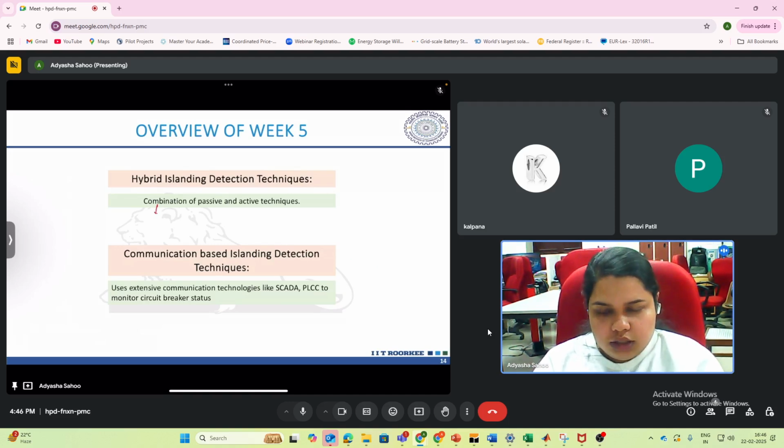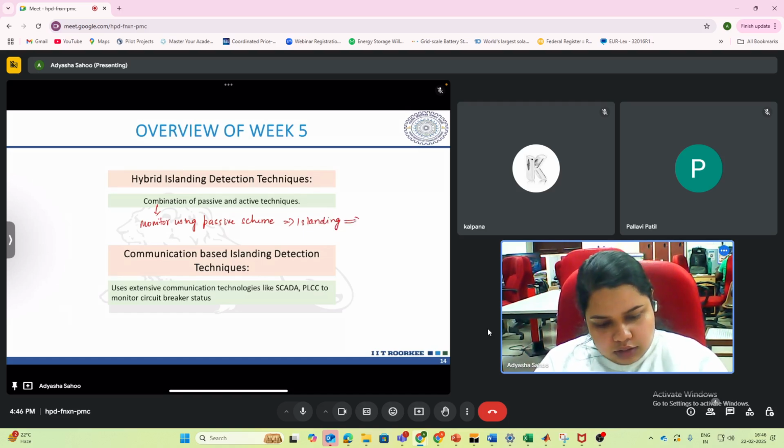So in this hybrid islanding detection technique, first you monitor using your passive scheme, and if the passive technique detects the islanding condition, then we get it cross verified using the active technique.